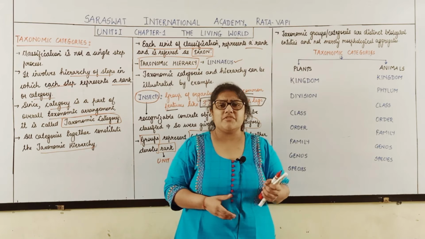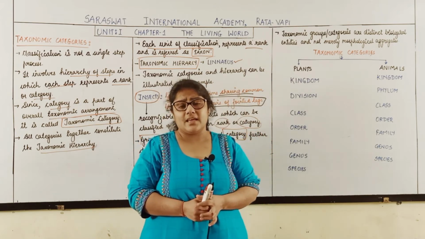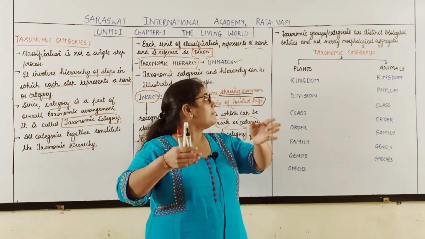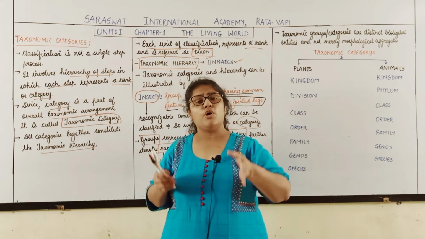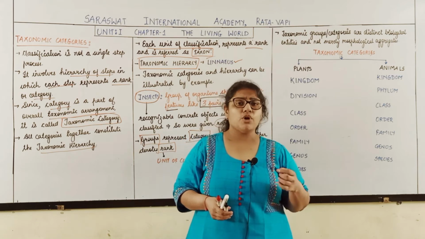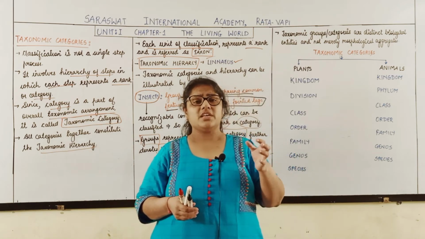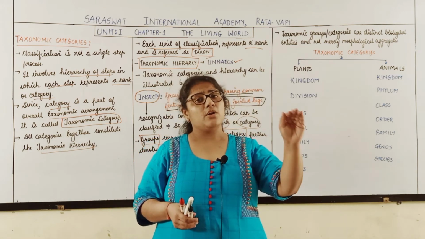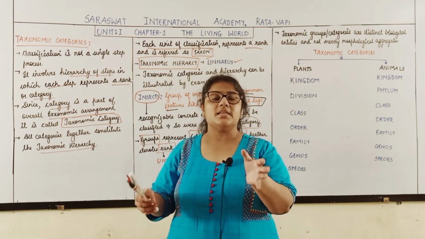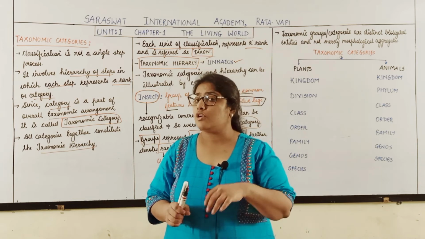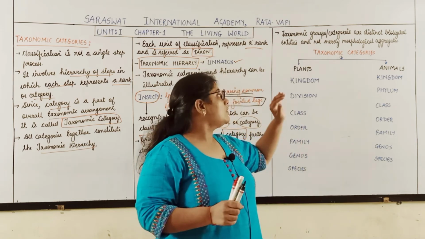Now students, whatever taxonomic categories there are, they are complete biological entities and not only morphological aggregates. Whatever category or taxon there is, it is a biological entity, and it does not indicate merely a group of morphological aggregates.